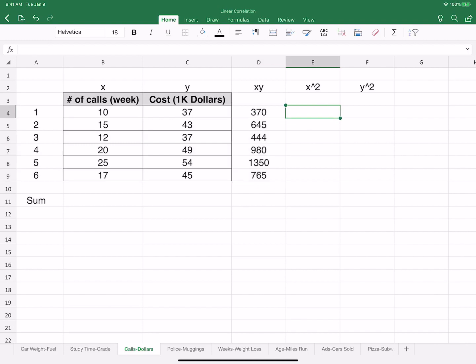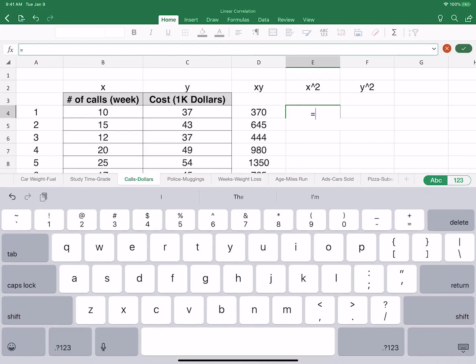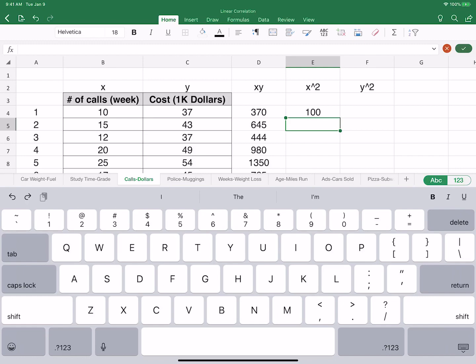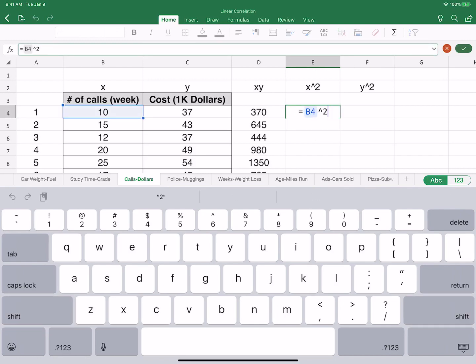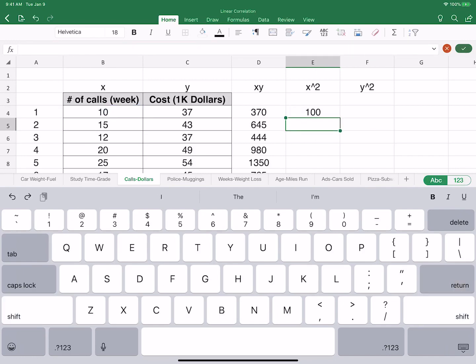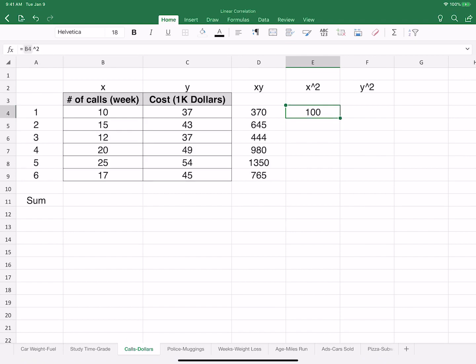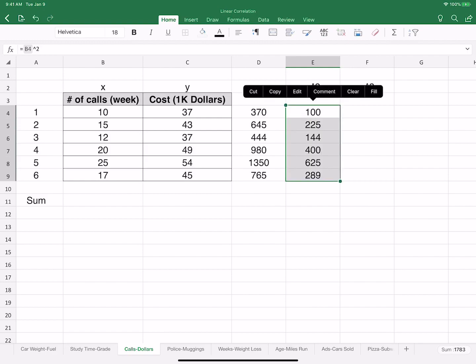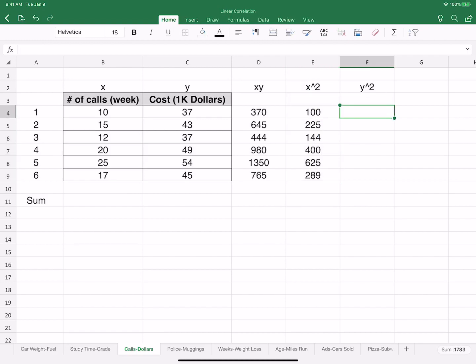And then now I have to find the column x squared, and I do the same. So here we're going to have this value raised to the second power. And then I'm going to do autofill. So it squared every one of those values here.